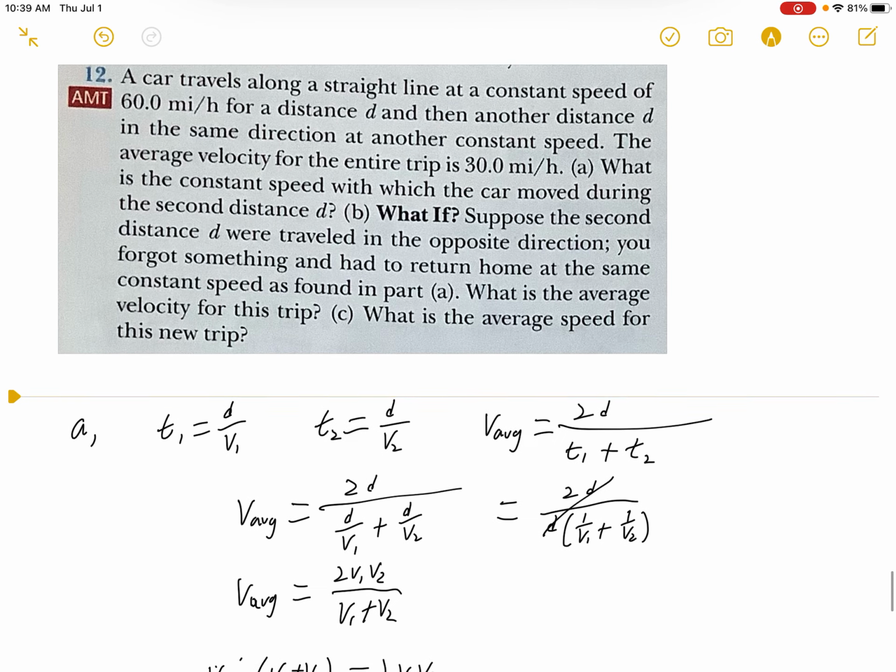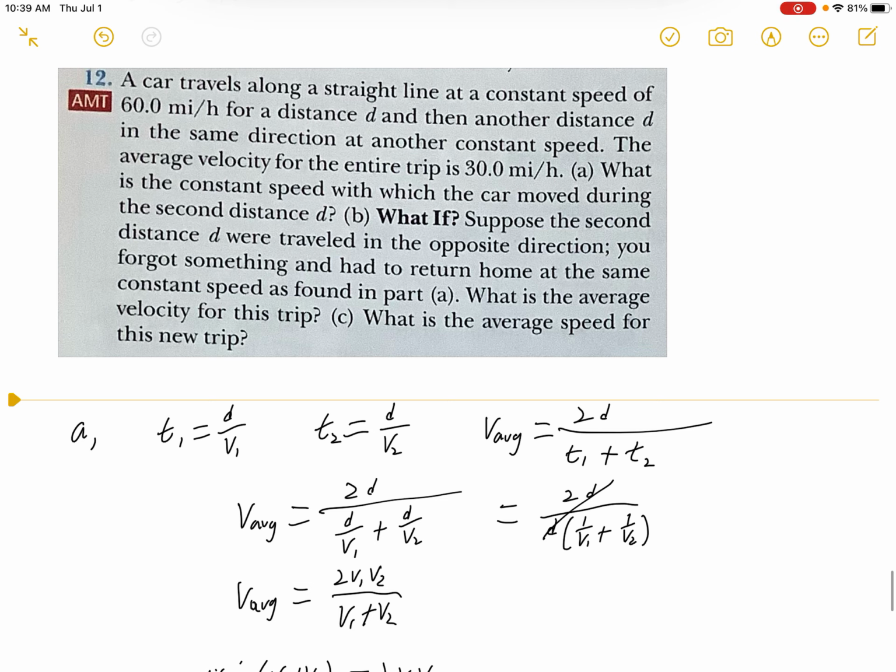And for part C, what is the average speed for the new trip?